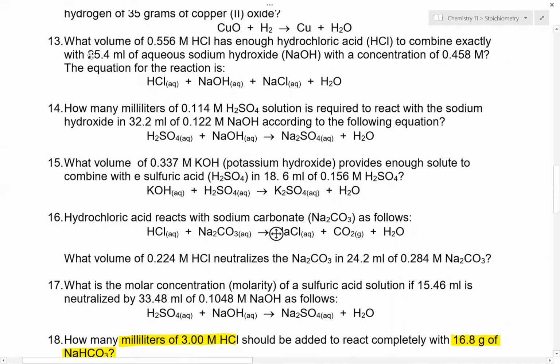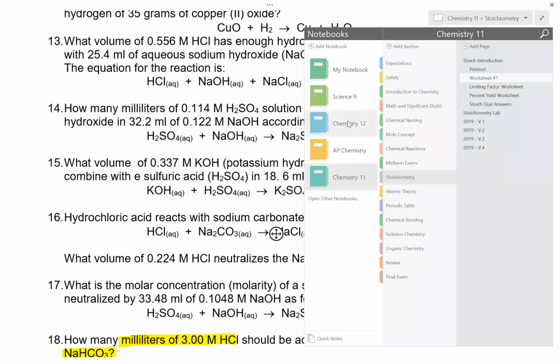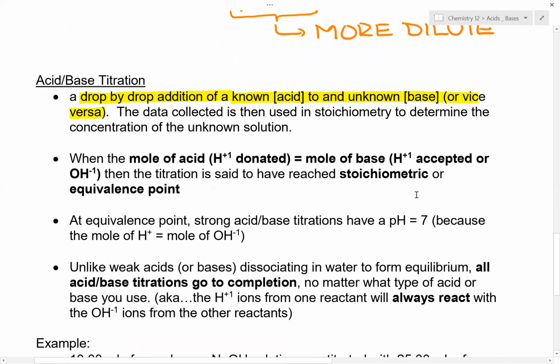Now, how did they get this 25.4 mL? If you look at question numbers 14 and 15, how do they get those values? It is by the process of titration. All right. Now, a couple of key things to be aware of when it comes to titrations.